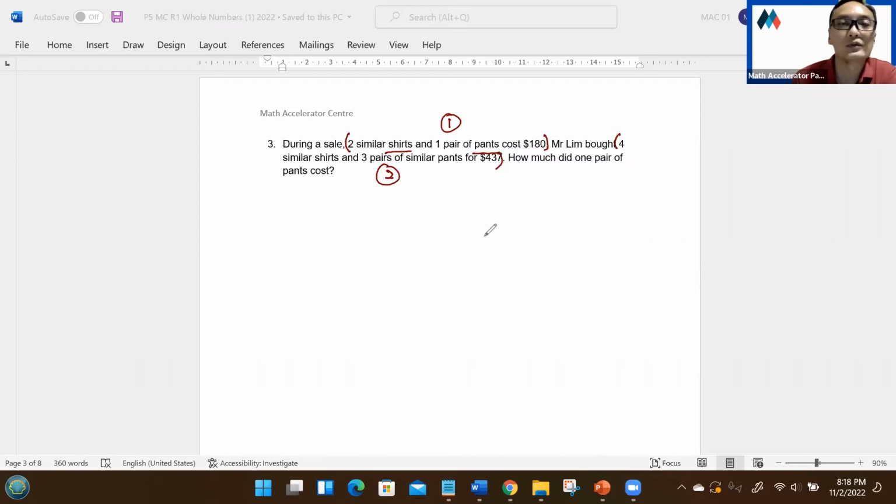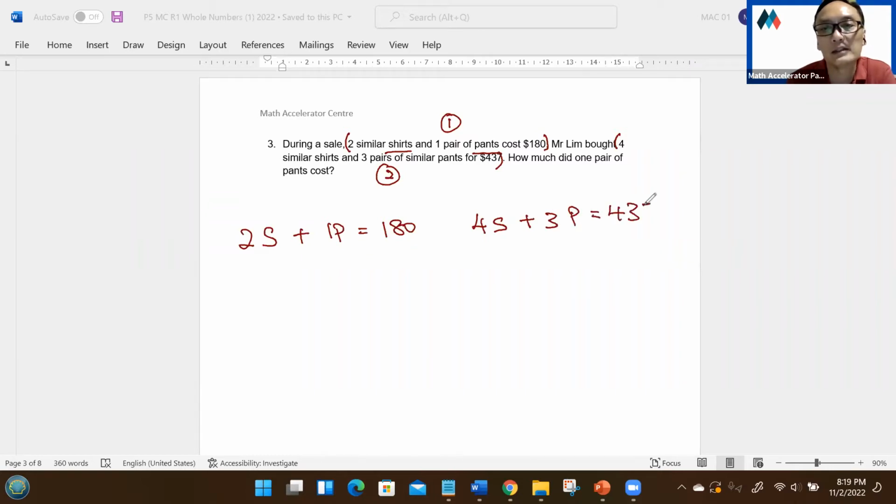So we're going to write the 2 equations up. So here we have 2 shirts and 1 pair of pants cost $180. Okay, let's omit the dollar sign for now. The next equation is 4 shirts and 3 pairs of pants cost us $437. Now, can you tell me which item should we eliminate?